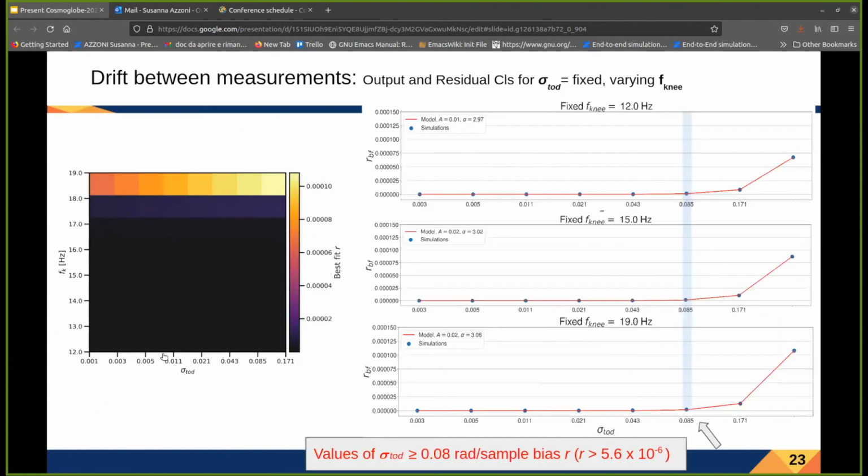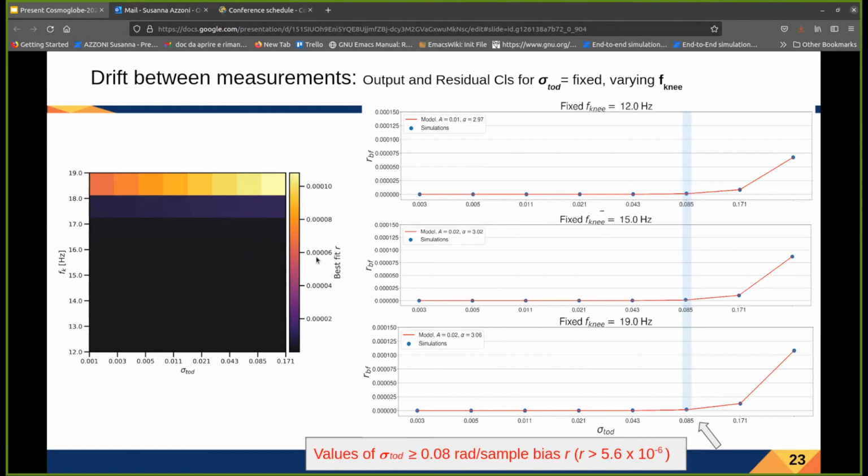And we get that from the constraints on R as well, where higher knee frequencies for a given sigma TOD give a higher bias on the delta R. And delta R is also not varying much, only between small values. So this means that it doesn't depend a lot on the sigma.